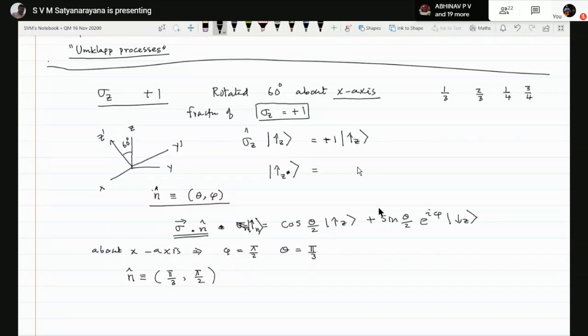So this will tell you that your up n is equal to cos pi by 6 times up z plus sin pi by 6 e to the power i pi by 2.